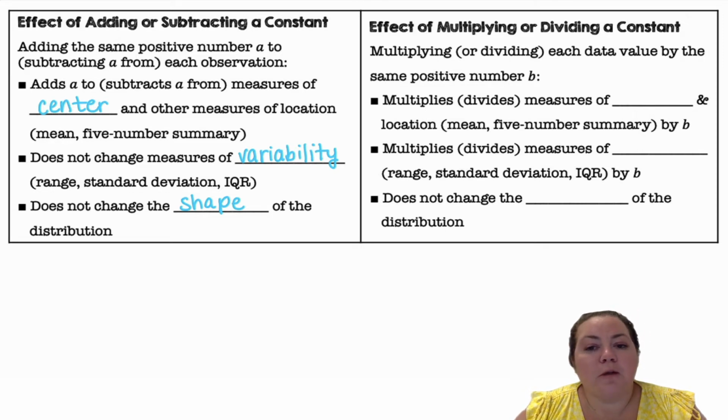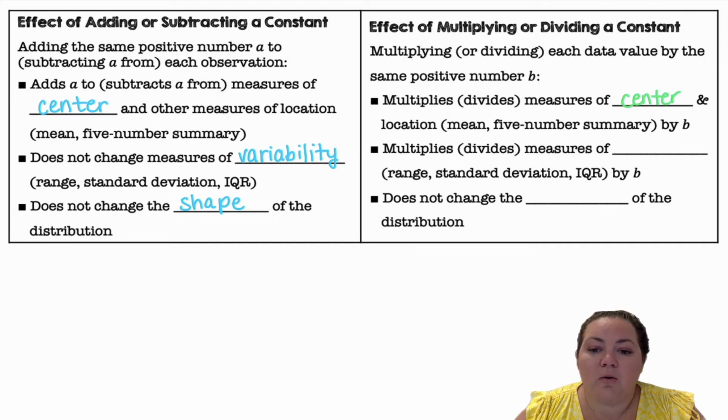The effects of multiplying or dividing a constant. If I multiply or divide each data value by the same positive number, let's call it B, it's going to multiply or divide measures of center and location. So the mean, the 5-number summary values are all going to be multiplied by that constant.